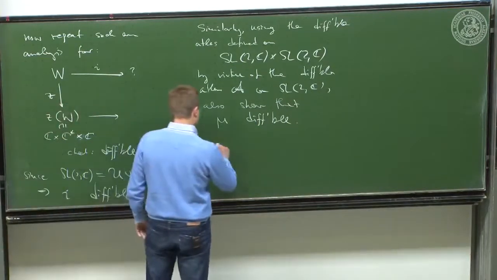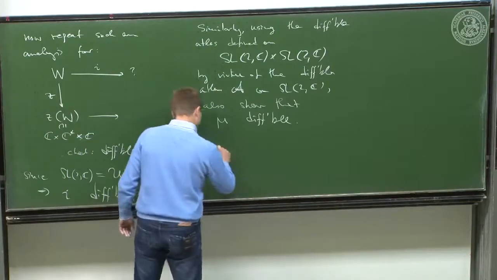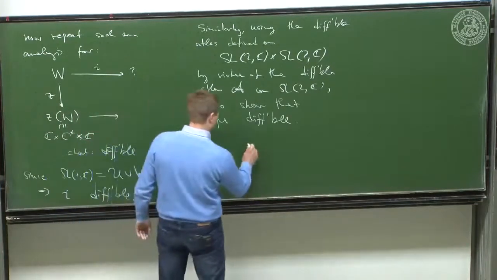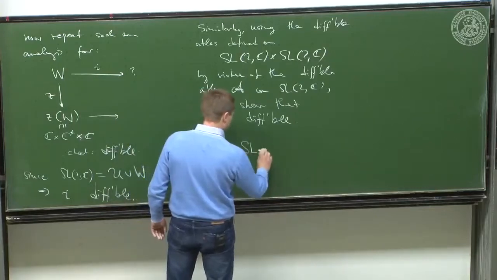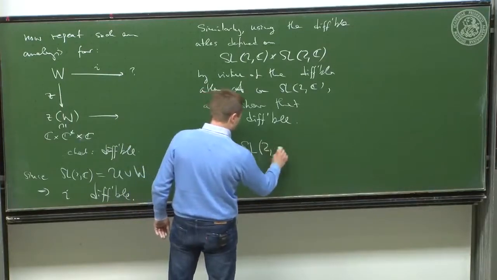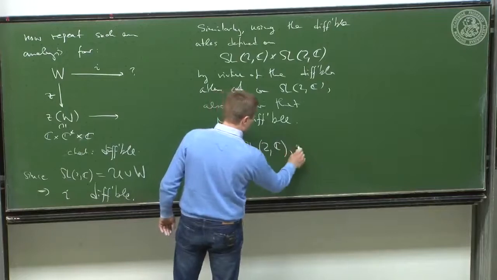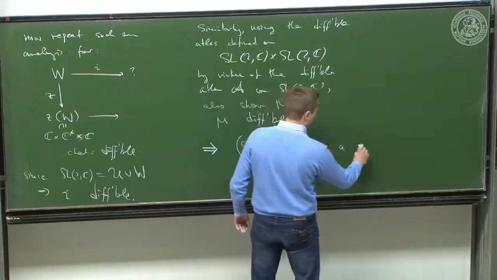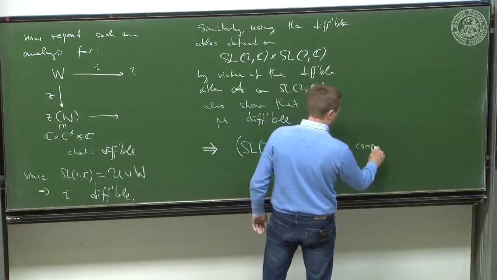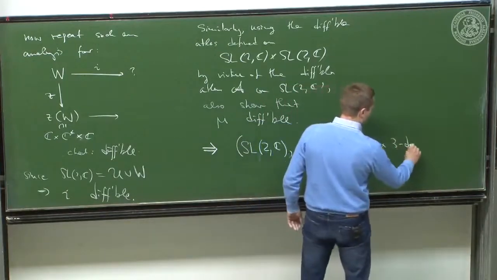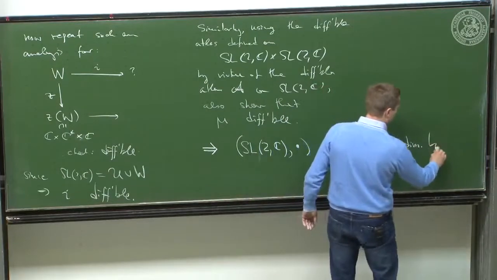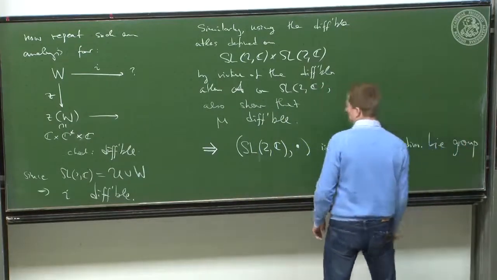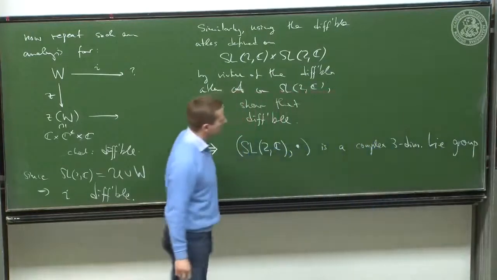And so we have as the first result, after more than an hour, we realize that SL2C with this group operation is a complex 3-dimensional Lie group.